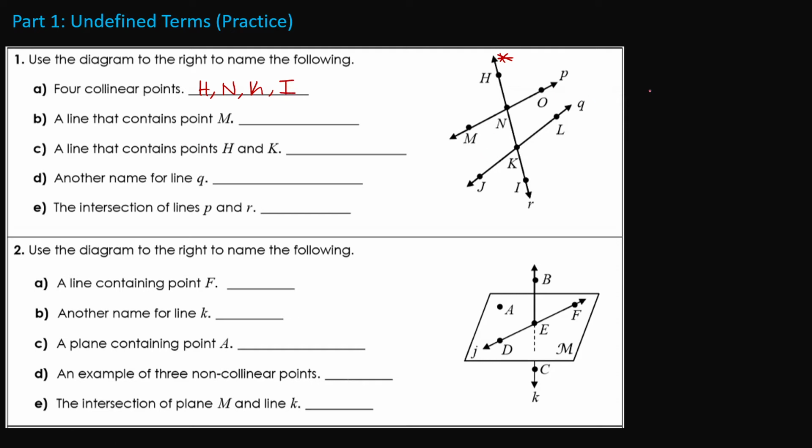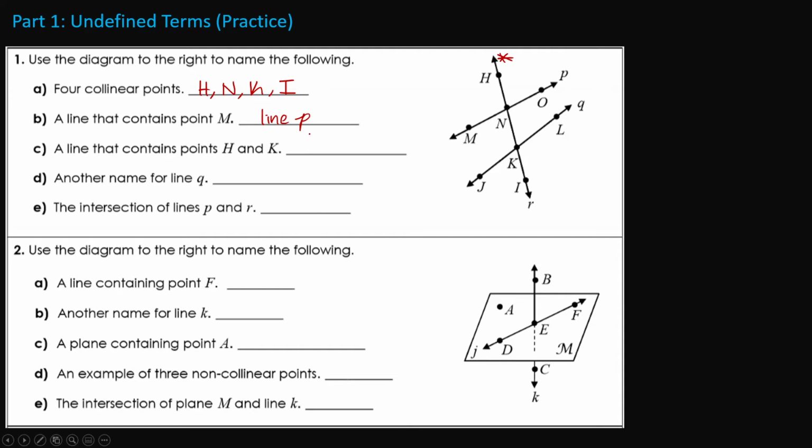A line that contains point M. Well, here's point M. And the line that I see that contains point M, we can call that a few things. We can either call it line P with the script letter, or we can call it line MN, MO. We can call it any combination of those things. But just for now, I'll call it line P with the script letter.